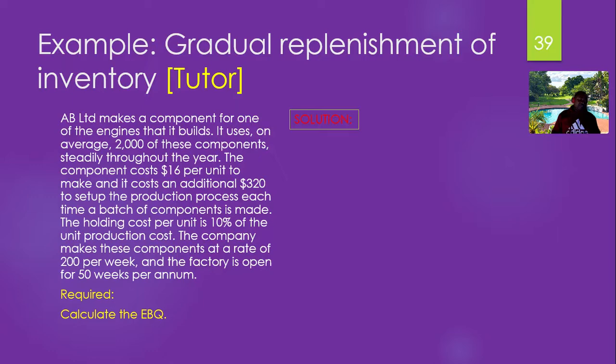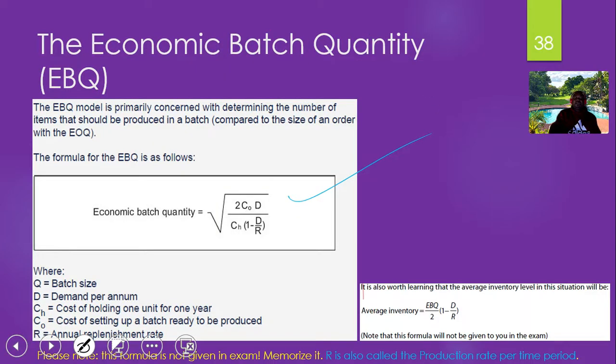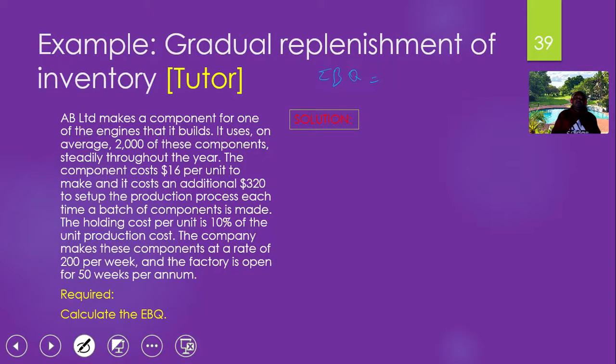So let us try to derive the EBQ formula. All right, we know that EBQ is equal to root of 2CoD over CH.